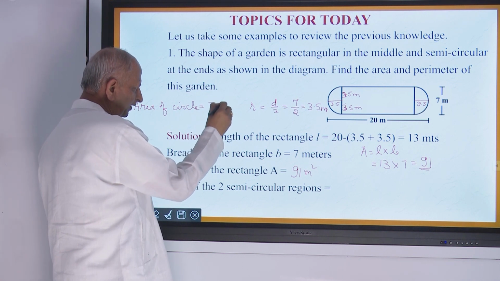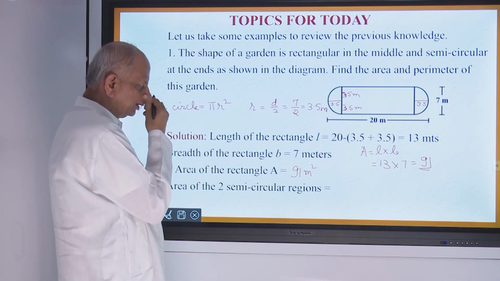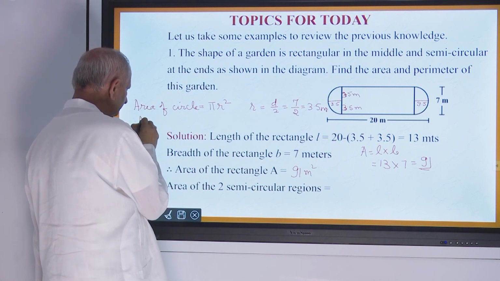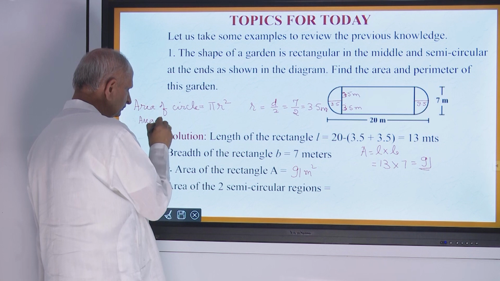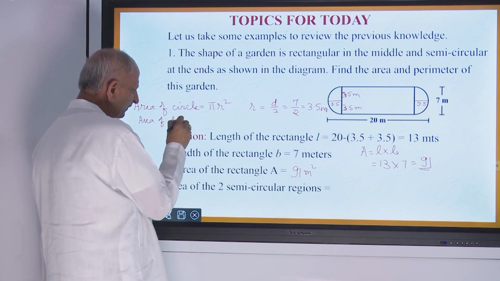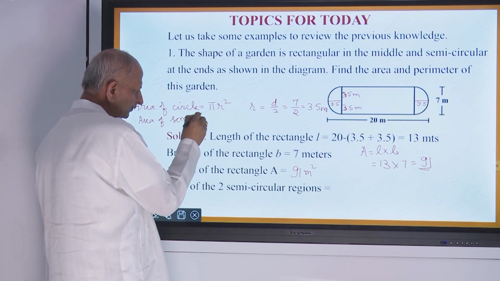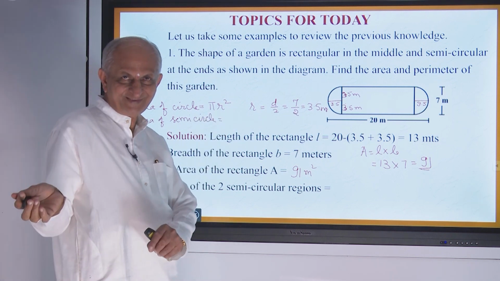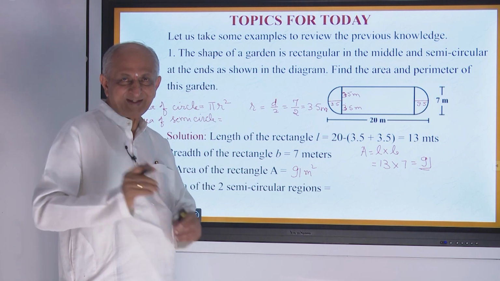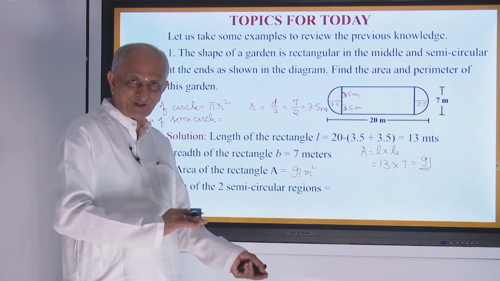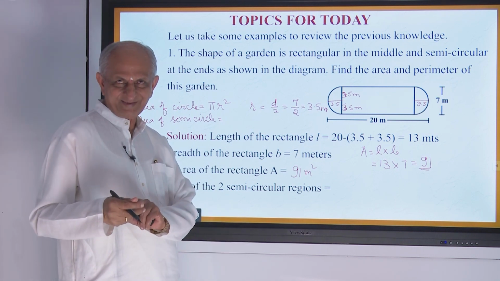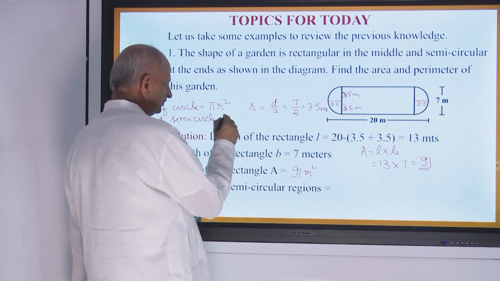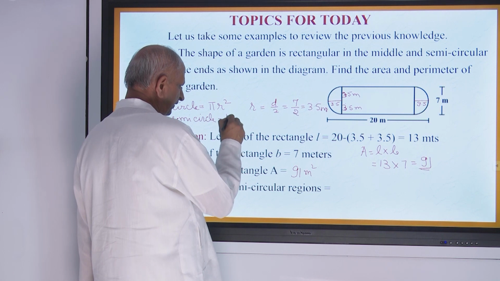Therefore the area of a semicircle: semi means what? Half. You have heard about luxury buses, semi-luxury. It will be a little less than luxury, but more than ordinary express. So like that, semi means half of it. So half of pi r square is the formula.